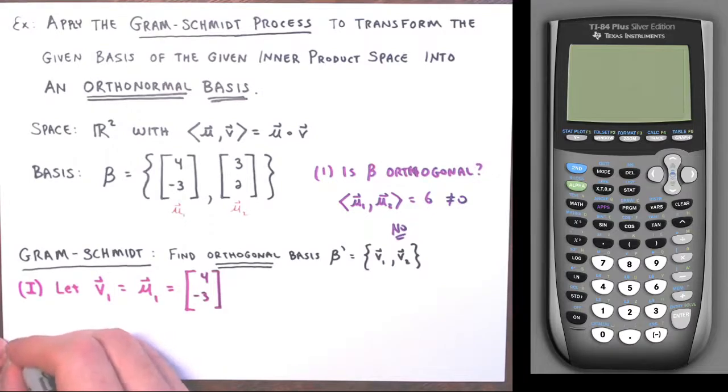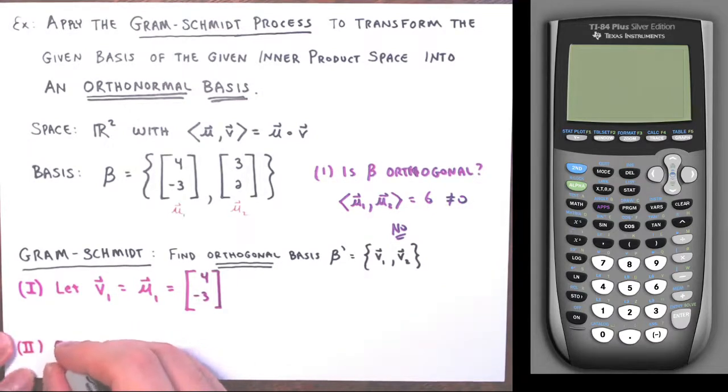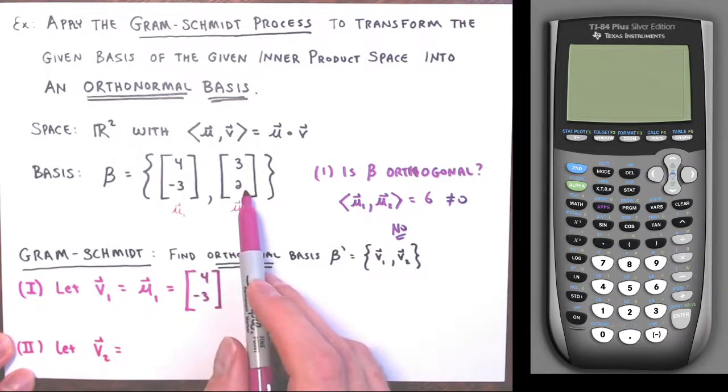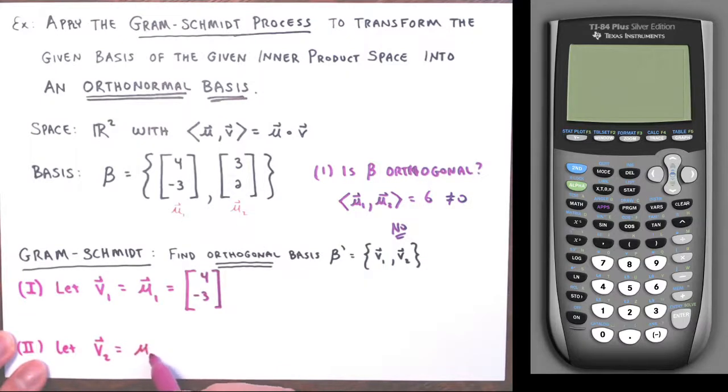Then the second vector, v2, is I take the second vector in my basis, u2, and I subtract the projection of u2 onto the earlier vector I found, onto v1. Since v1 was u1, you could also call that u1.